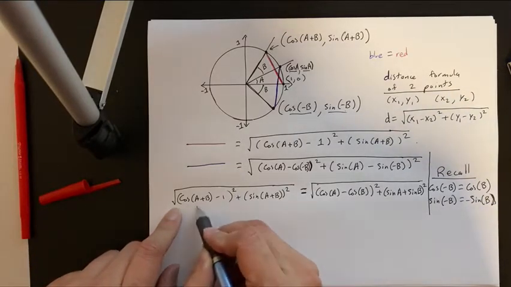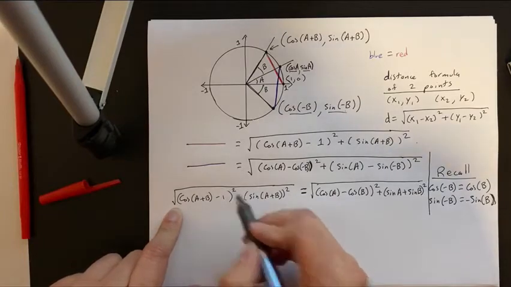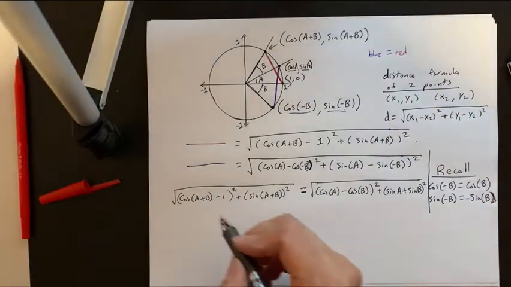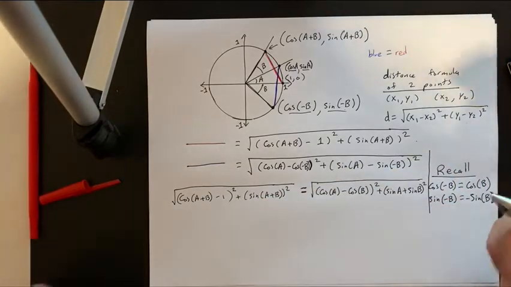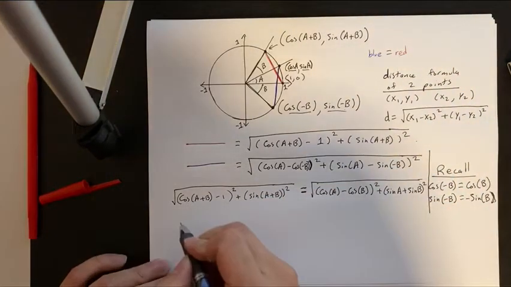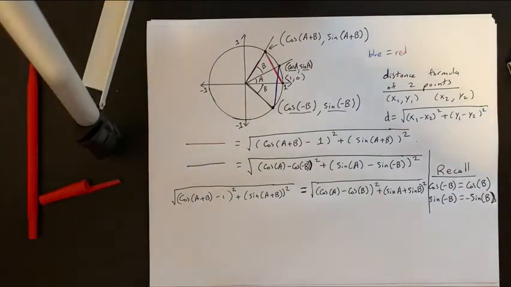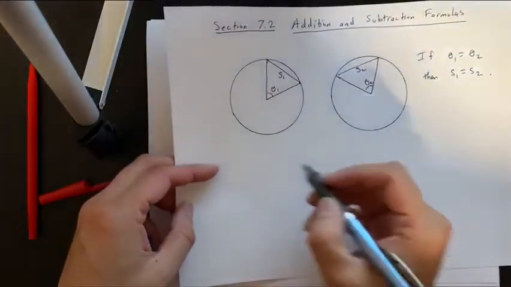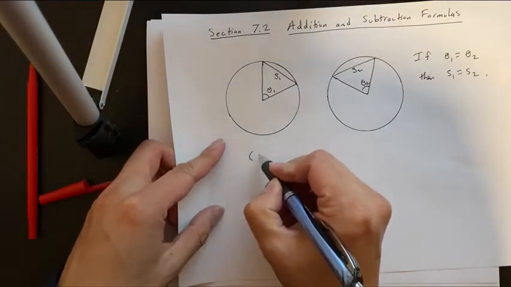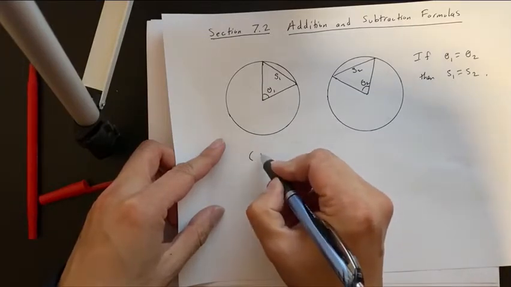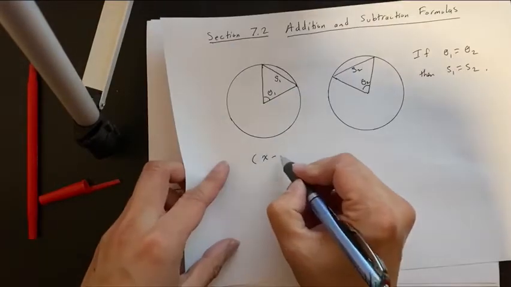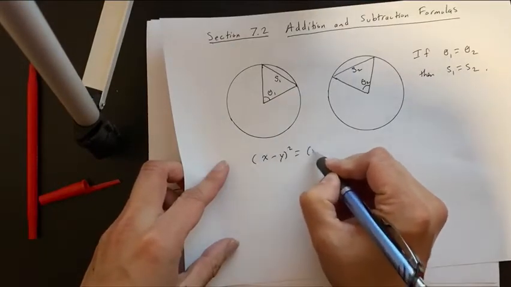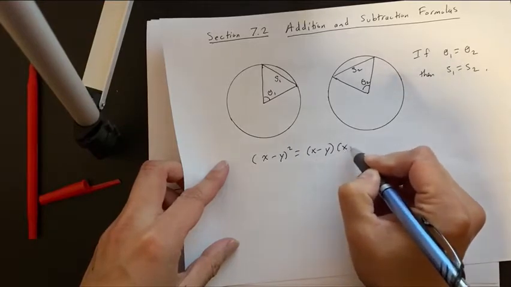So if you square something, you guys remember how do you square something? Well, it's not as simple as the first square minus the second square. You have to FOIL it out. So if you have x minus y squared, that's the same thing as x minus y, x minus y.